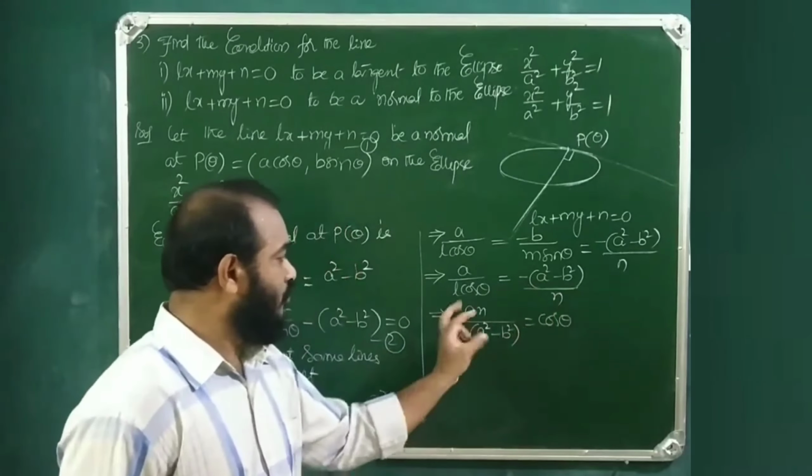Then we'll get a square by l square plus b square by m square is equal to 1. If you bring onto another side, this will be reversed. So a square by l square plus b square by m square is equal to a square minus b square whole square by n square. This is the required condition.